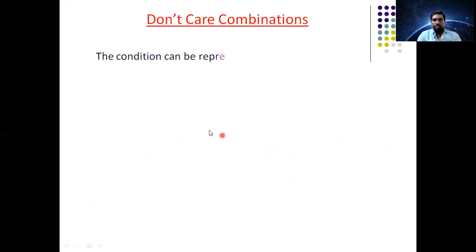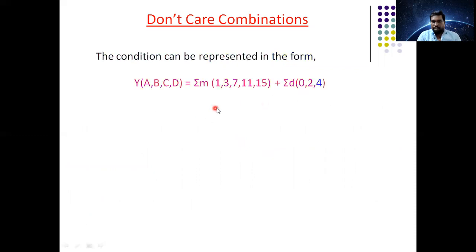See, they will be written in this format. Suppose it is SOP: summation m of 1, 3, 7, 11, 15 is the SOP expression. If don't care is to be represented, you write plus summation d of 0, 2, 4.